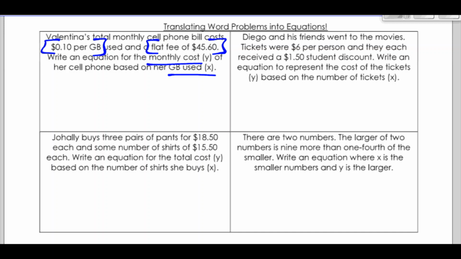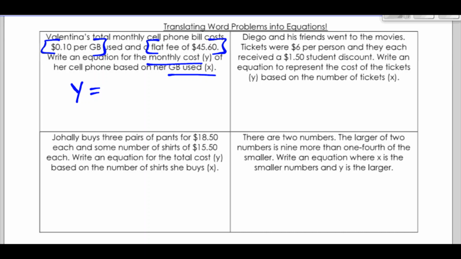Now this is helpful because it actually tells us exactly what they want us to label the variables with. The total cost, the monthly cost, is that y. And in general, all of these equations are going to have the same form, at least for now. You're going to see this form where it's y equals some expression in terms of x. That's exactly what's happening here.